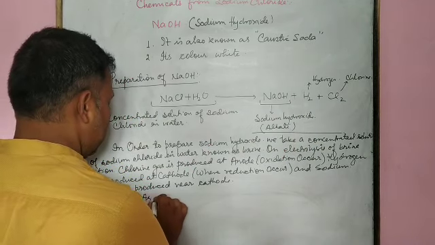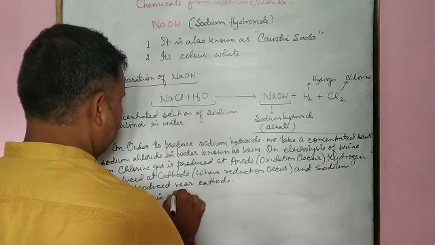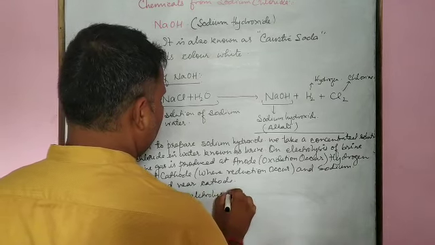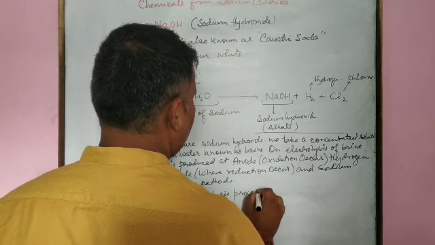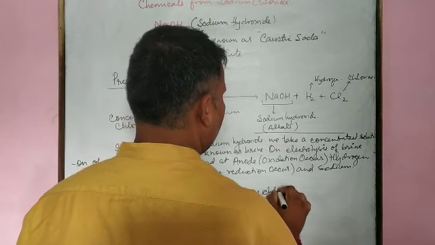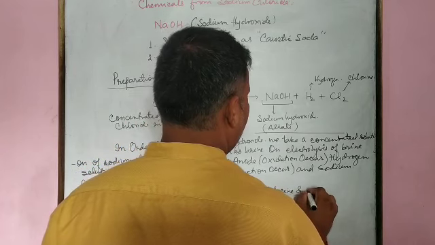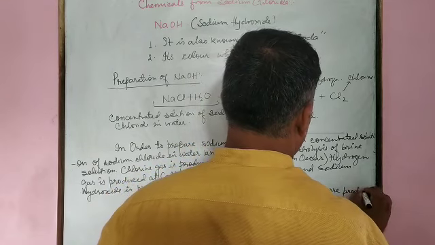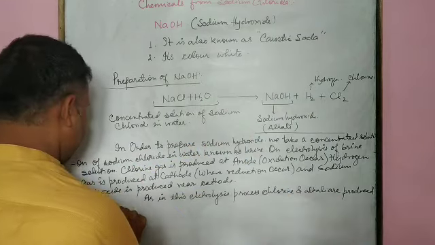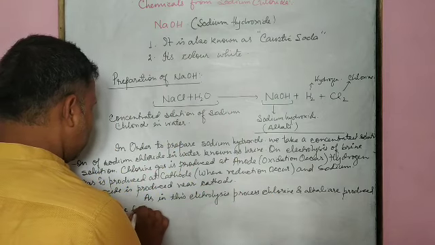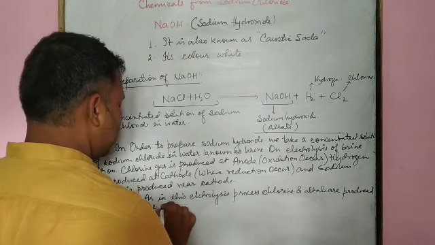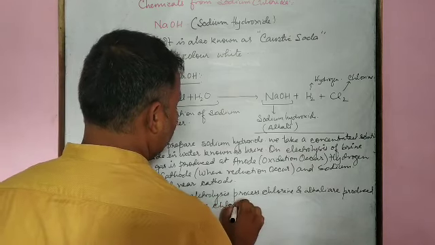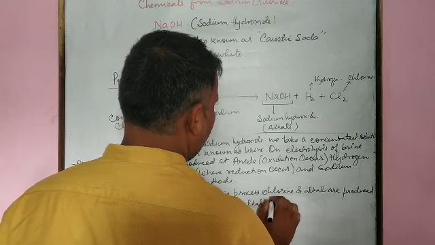As in this electrolysis process, chlorine and alkali are produced, therefore it is termed as chloroalkali process.